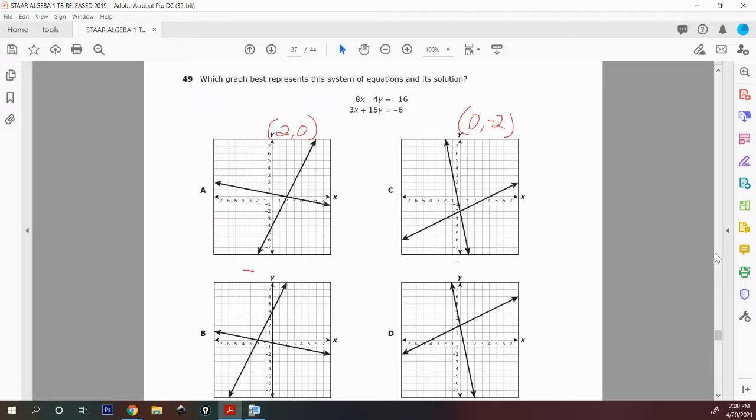This one would be (-2, 0). And this one would be (0, 2). So what I can do is take this first number's x and y and plug them in and see if it works. If I put a 2 right here, 8 times 2 is 16 minus 0, so that would be a positive 16. Well, that doesn't work.